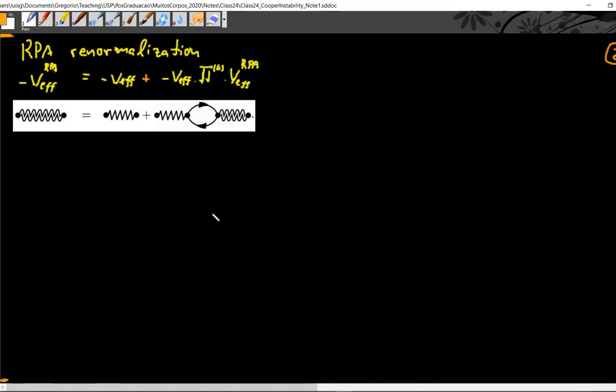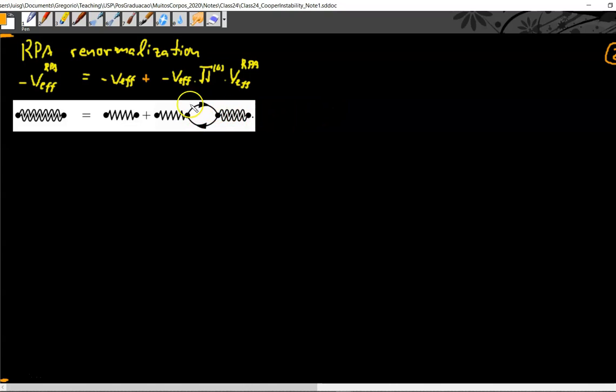All right, so let's take one step back and write the RPA interaction in this form, which is equivalent to the form that we had. This gives more the idea of the expansion in terms of these bubble diagrams. If I keep replacing the previous term here, I would have a notion of how this can be expanded in series.